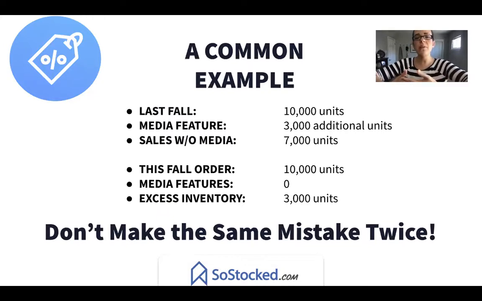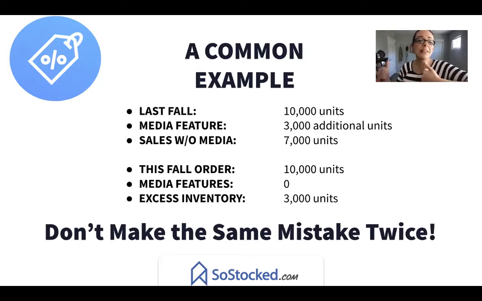So for example, say last fall you sold 10,000 units of a product. And as part of that, some media outlet talked about your product on the news or something, or maybe an influencer mentioned it, and you had this huge spike in sales due to that. Then your actual sales should have been 7,000 units, but there was this anomaly that occurred and you sold 10,000 units.